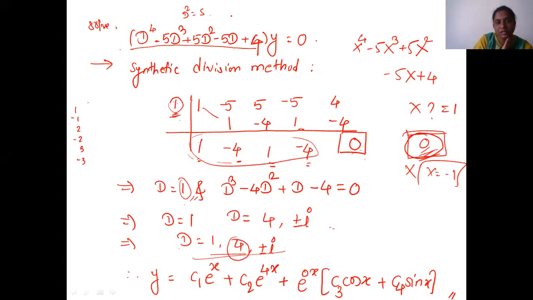There is d cube and d. If d square is s, then d is root s, and the equation will become more complicated than itself. In such a case, where all the terms are present, d to the 4, cube, square, d, constant, we have to go for synthetic division.